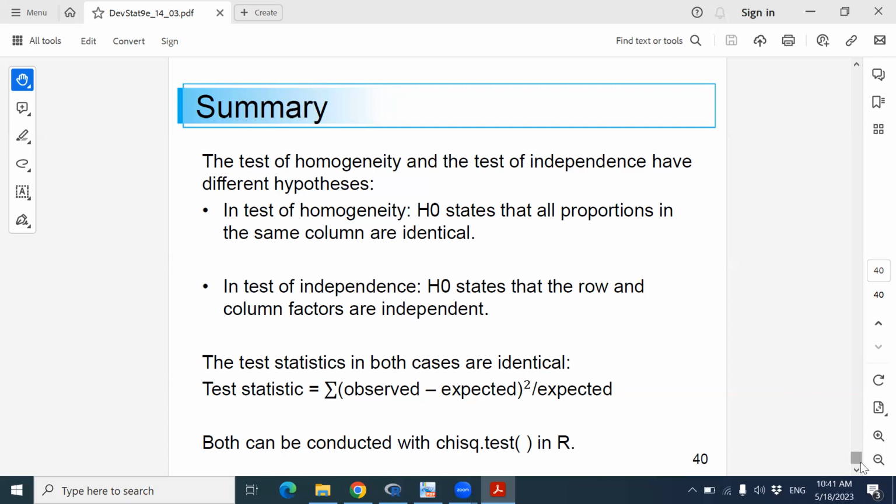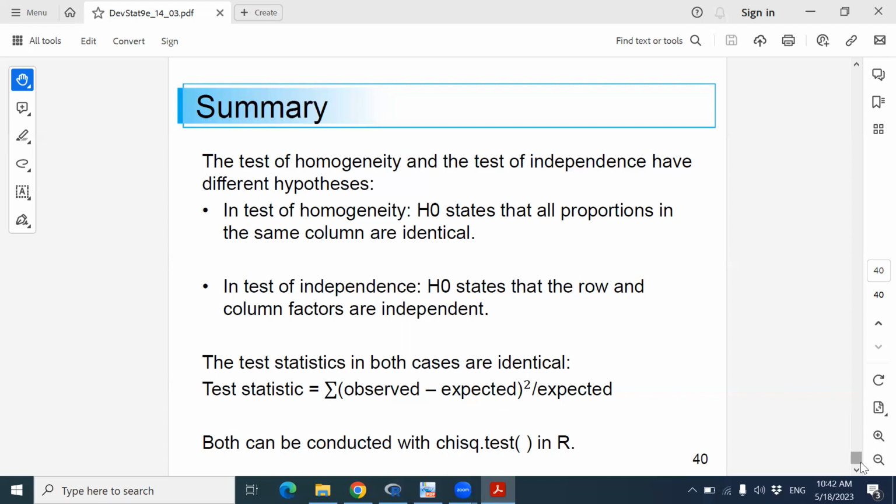For example, consider the admission data, where we could have different majors, for example, statistics, mathematics, physics, computer engineering, and so on. These different majors are the levels of one factor. This factor is the major, okay?